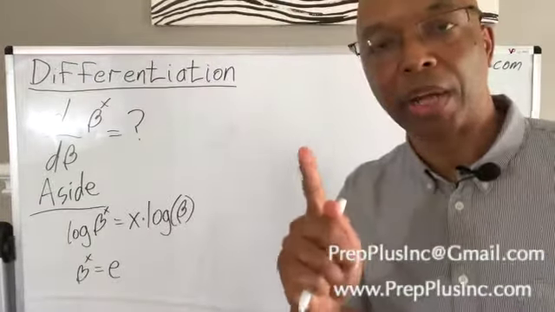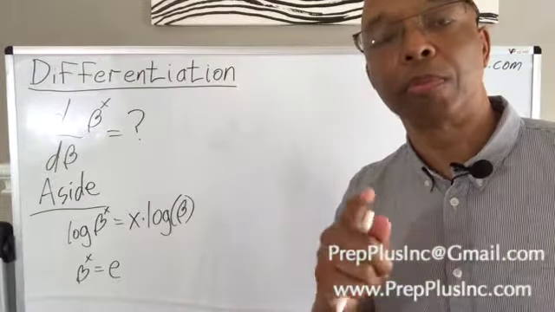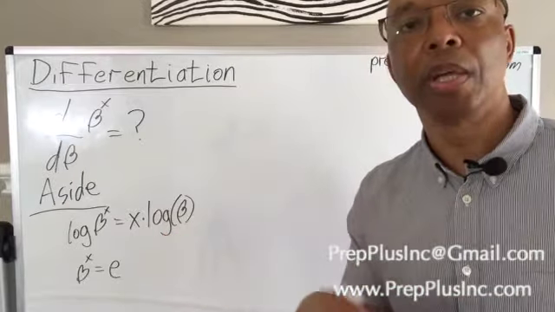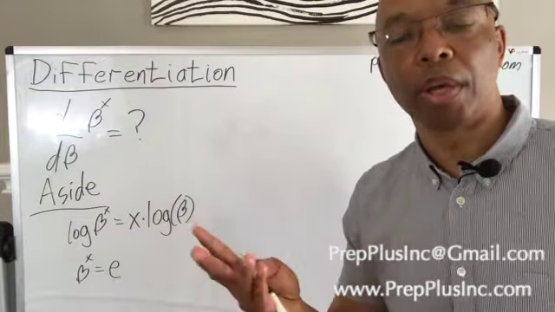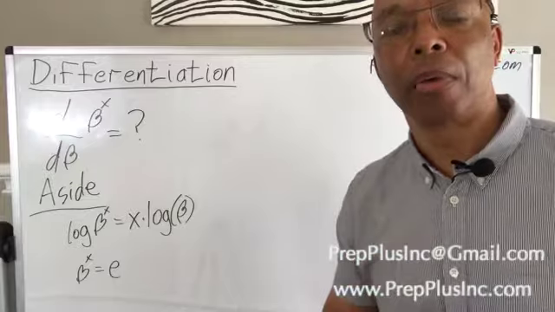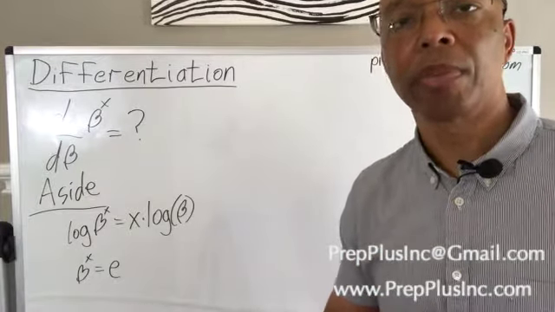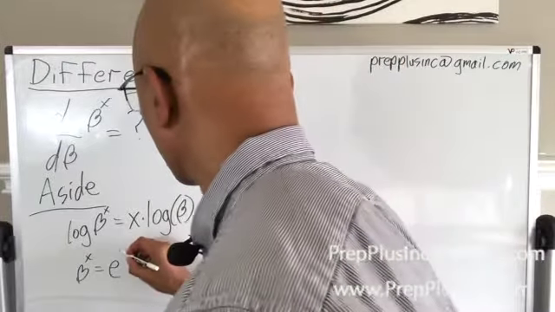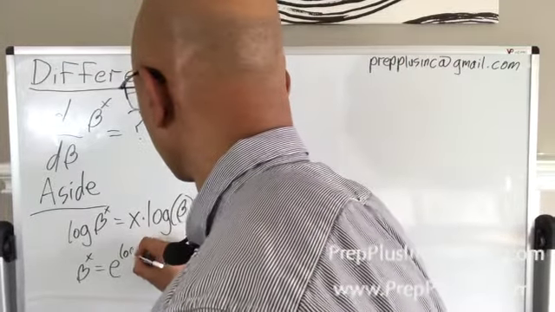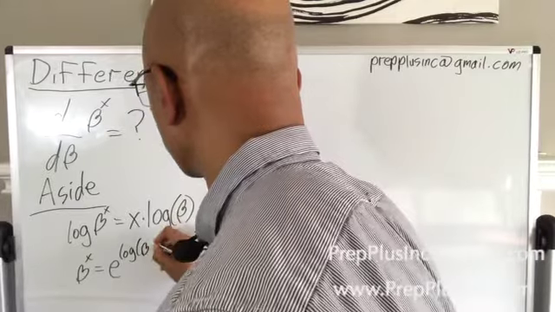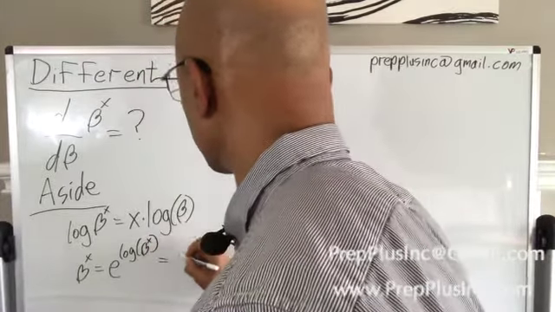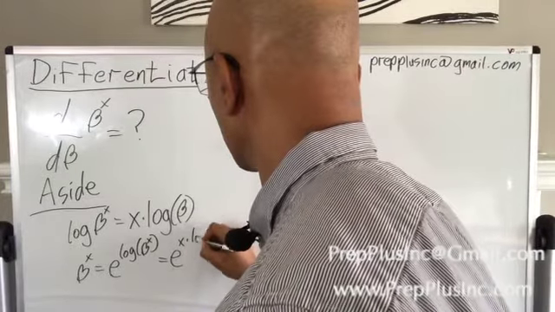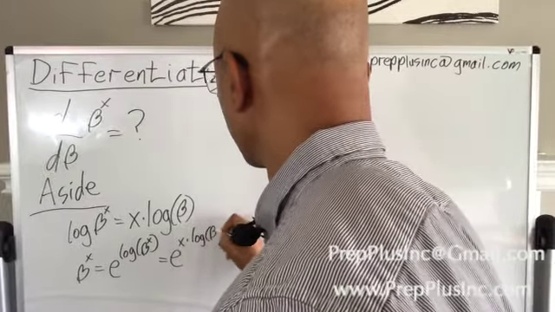Let me just point out that these logarithms can be with respect to any base. It can be with respect to base 10, base 2, base e, whatever you want. I'm going to work with respect to base e. So beta to the x is e raised to the power logarithm of beta to the x, which is e raised to the power x times logarithm of beta.